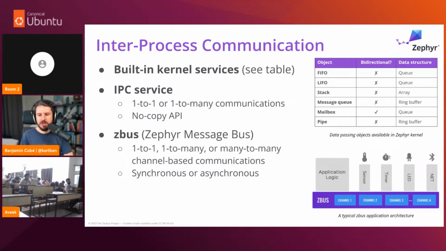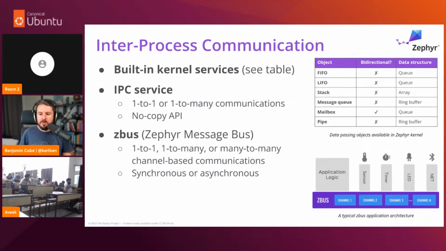IPC, inter-process communication. I should maybe have moved that slide to go just before, but the point here is that all the modern ways that you might be familiar with to deal with inter-process communication, or potentially inter-processor communication, are all available to you.